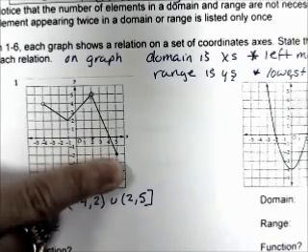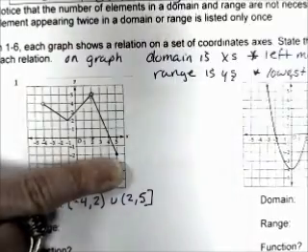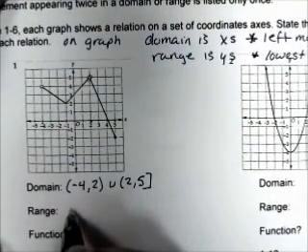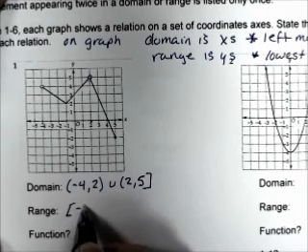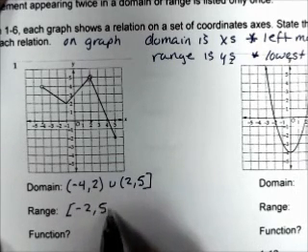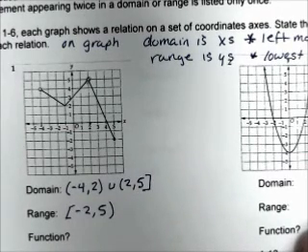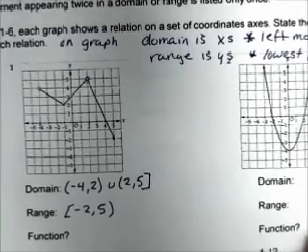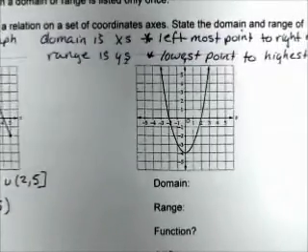All right, so we're going from -2 to +5. That's a closed -2, so bracket -2, and the +5 is open, parentheses at +5. And we'll come back to the function and one-to-one questions part of this.